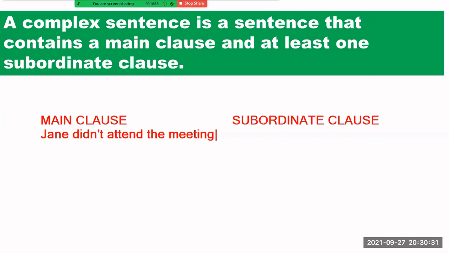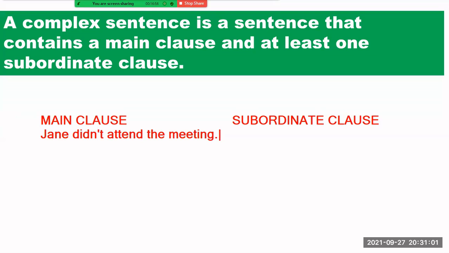All right. Well, this is a main clause because it conveys complete meaning. You can put a full stop. In fact, a main clause equals a simple sentence. You can put a full stop, and that qualifies as a simple sentence. Jane didn't attend the meeting. We can easily put a full stop.